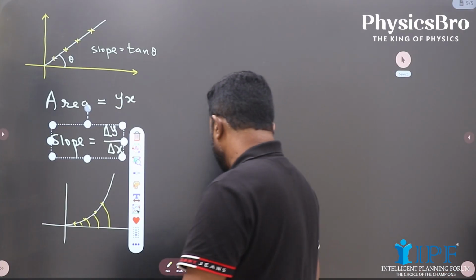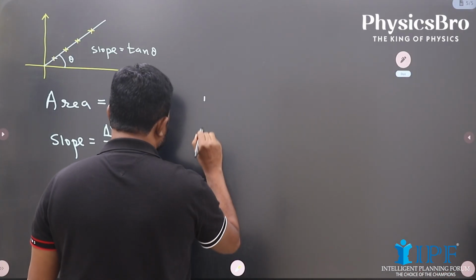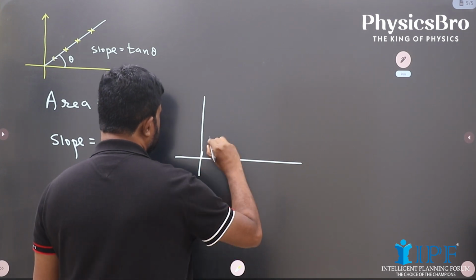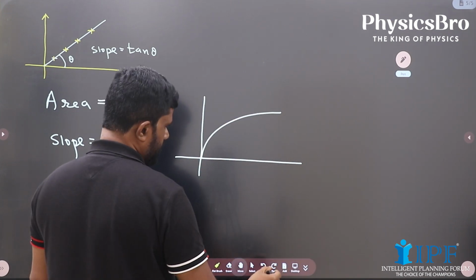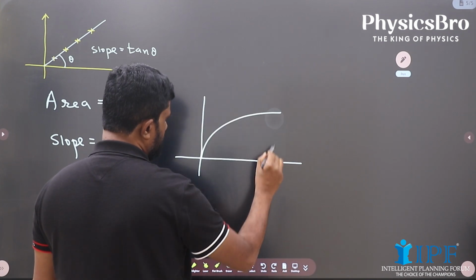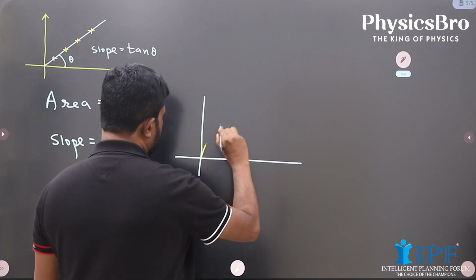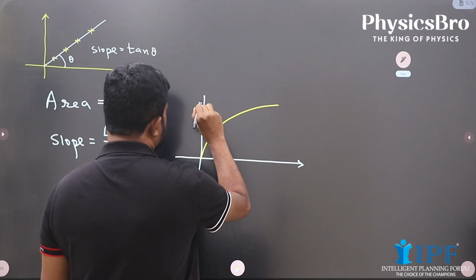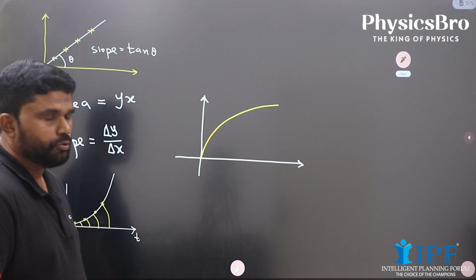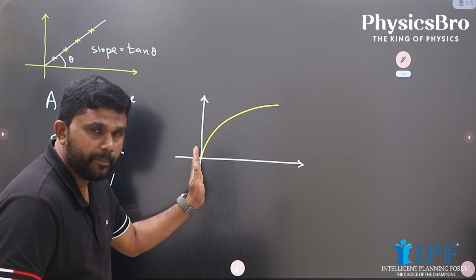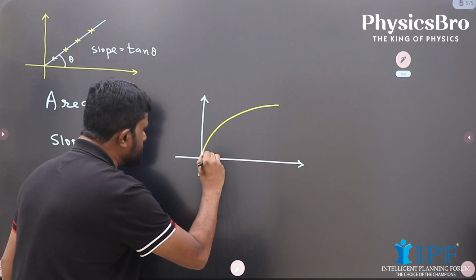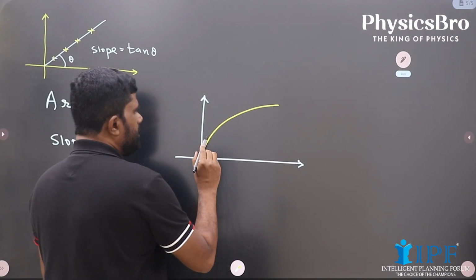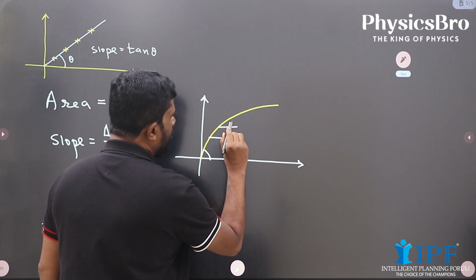Now see, the parabola can be like this also. This is the y-axis, this is the x-axis, and the parabola is like this. Initially the angle made by the parabola with the x-axis is maximum.